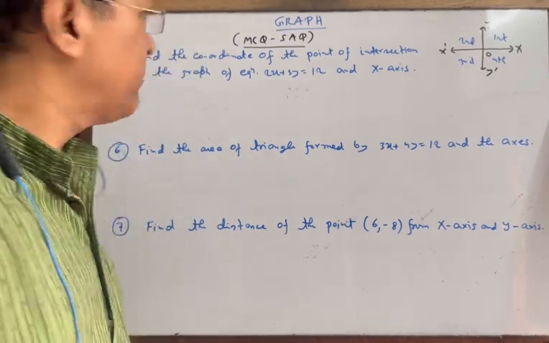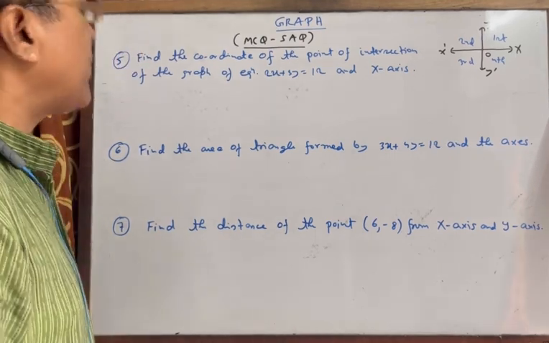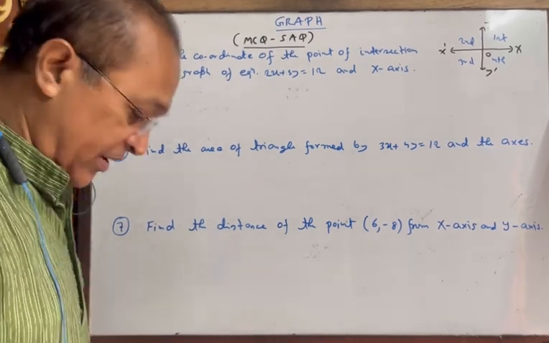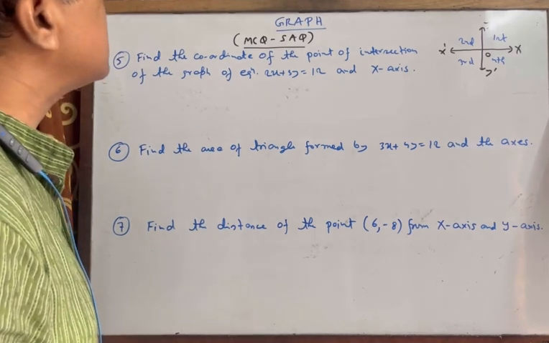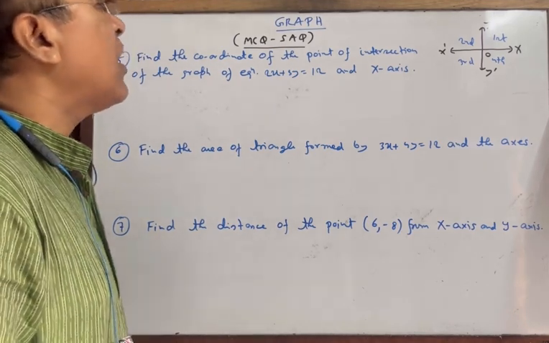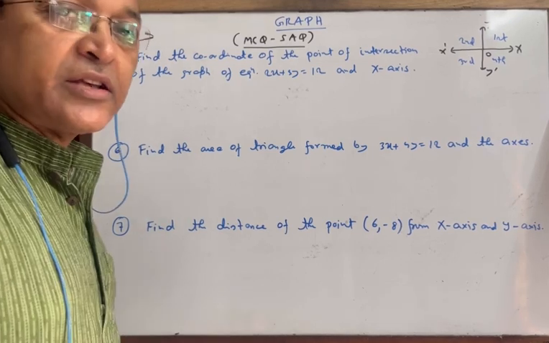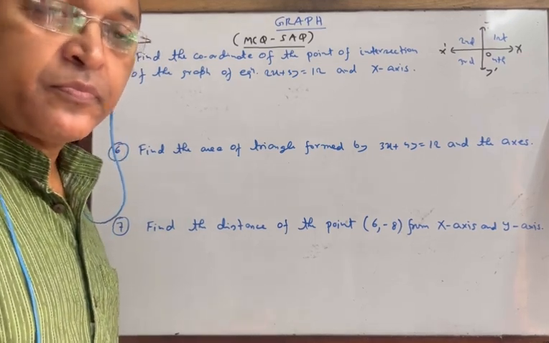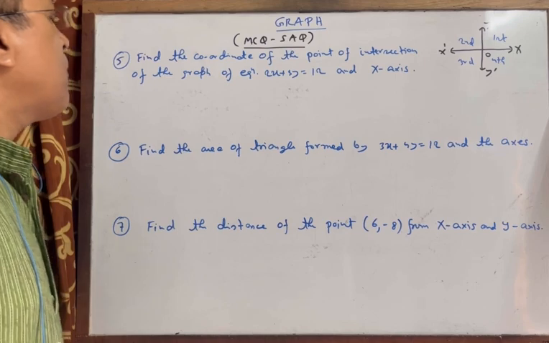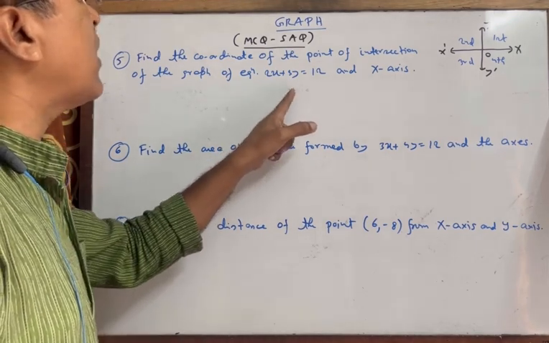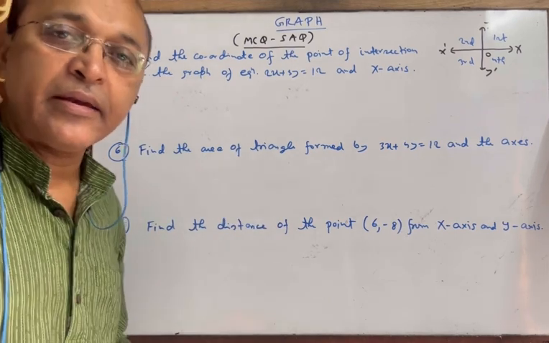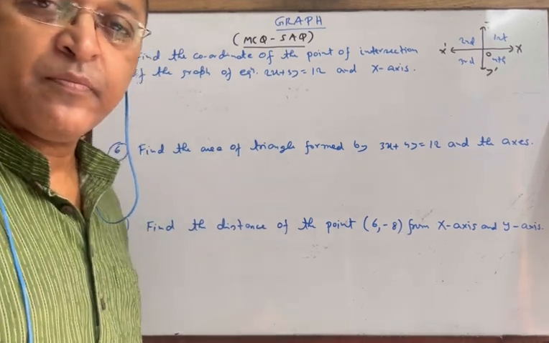What is given? Find the coordinate of the point of intersection of the graph of equation 2x plus 3y is equal to 12 and the x-axis.